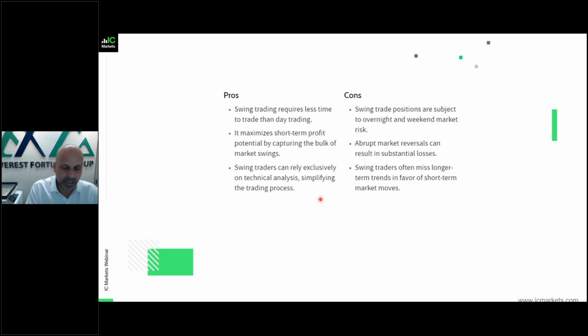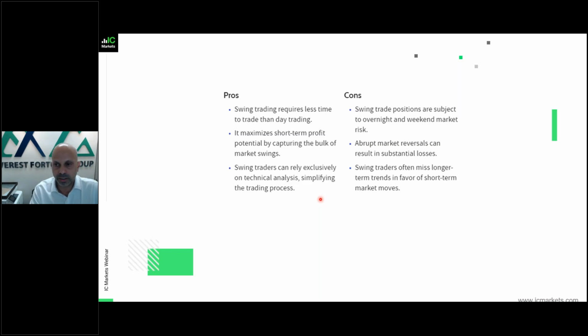So there is a risk of markets gapping up or down on the new trading day. Also overnight, when some of the futures markets reopen early in the morning, there can be gaps that may affect your position. That's the risk that comes with holding swing trade positions overnight as well as over the weekend.